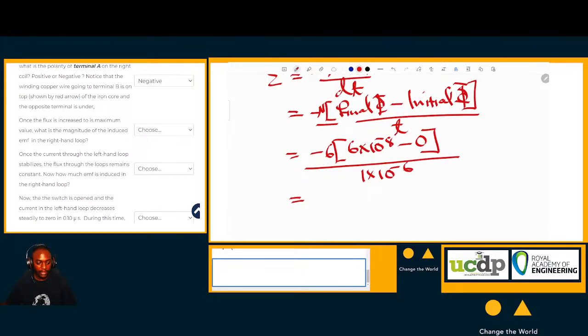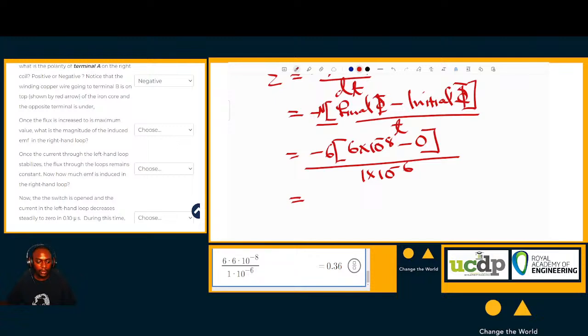So we can punch that. Six times 10 to the power of negative 8 over 1 times 10 to the power of negative 6. I think I made a typo there. Let me check my flux.